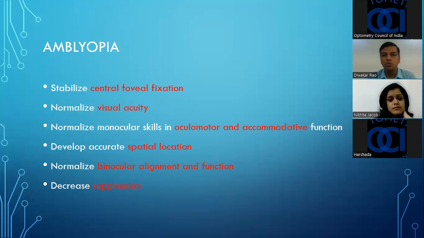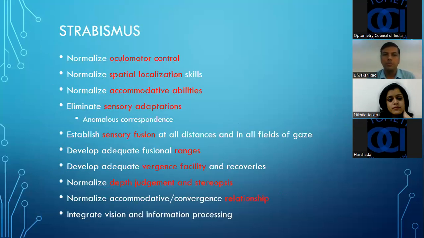This is what happens in most cases with patching therapy. With patching therapy the visual acuity will improve, but if you're not integrating accommodation and vergence together binocularly, there are chances that the visual acuity can deteriorate back in the amblyopic eye.